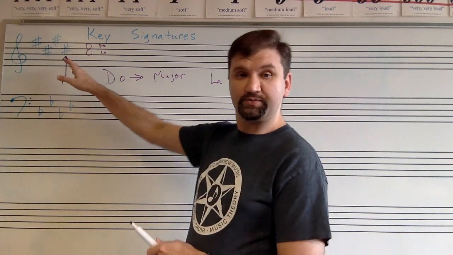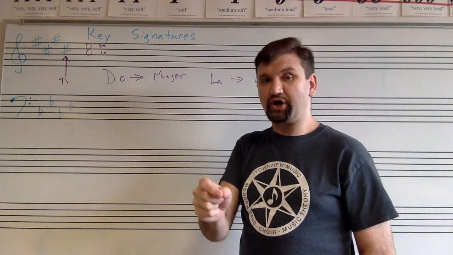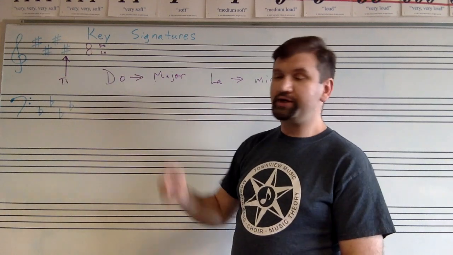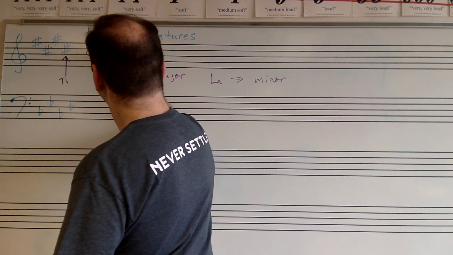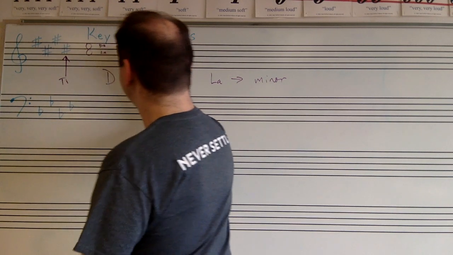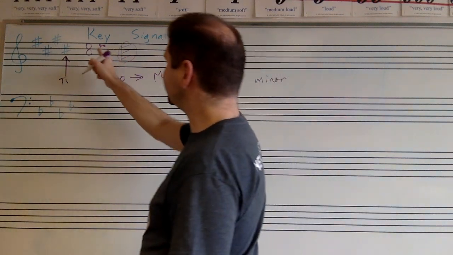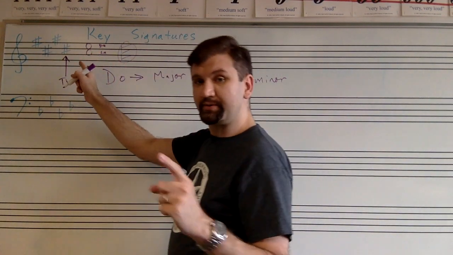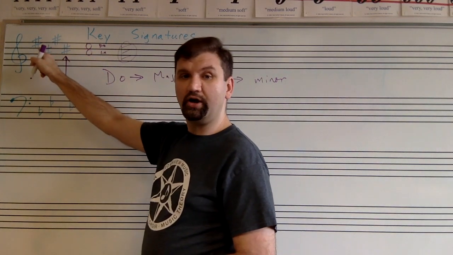So in this case, we're in the treble staff. My sharp is on D sharp. So if I go up one note, I get the key of E major. If I go down one note, I get C. But it's also important to note that this C has a sharp on it.